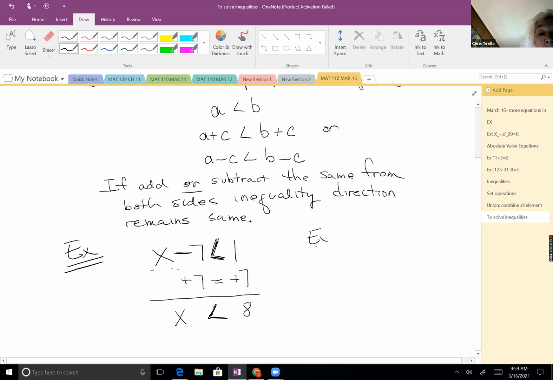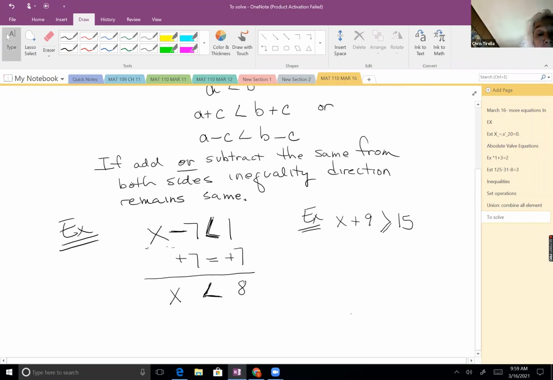Another example, let's say instead this time I have x plus 9 is greater than or equal to 15. Well, to get the variable alone, I want to subtract 9 from both sides or add -9 to both sides.